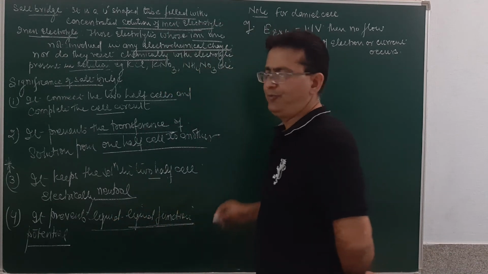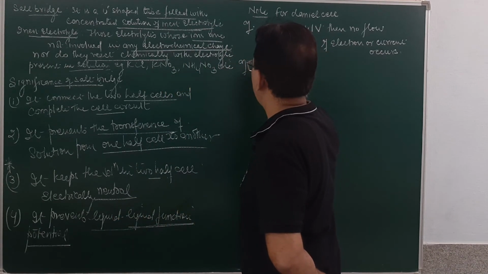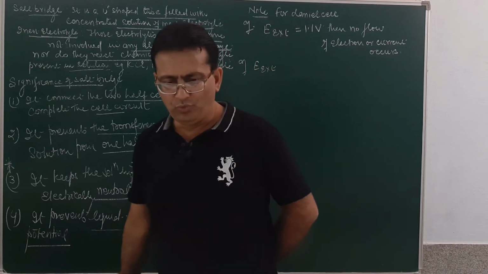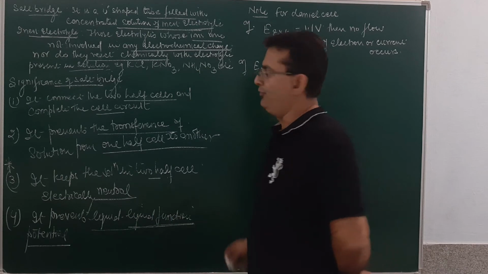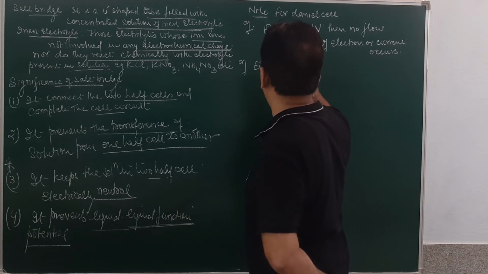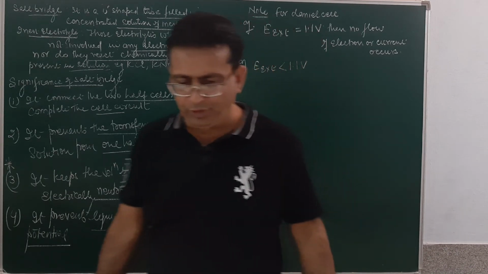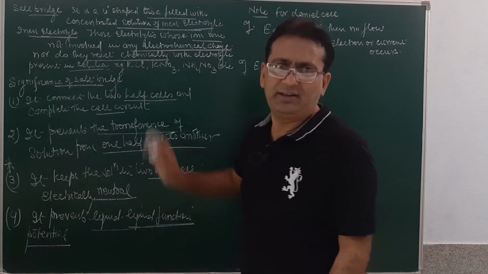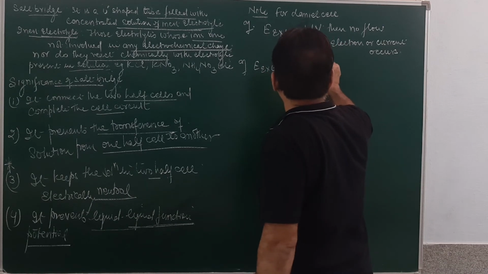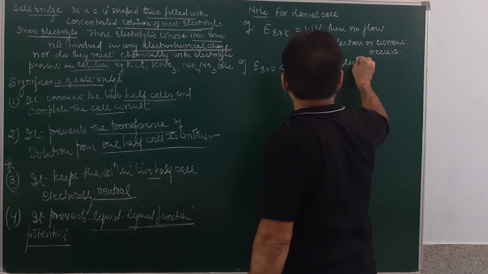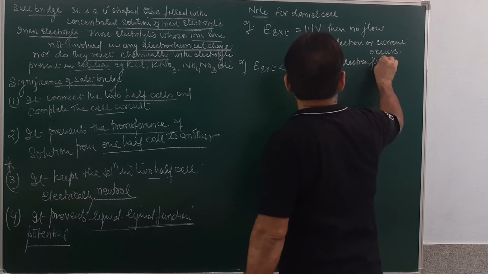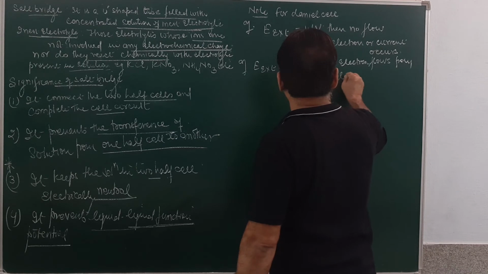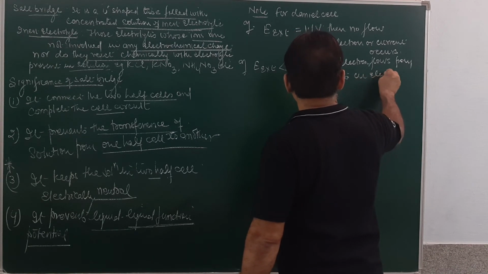However, if E external is less than 1.1 volt, then the electron flows from the zinc to the copper electrode, as we have done in the Daniell cell. Am I clear?